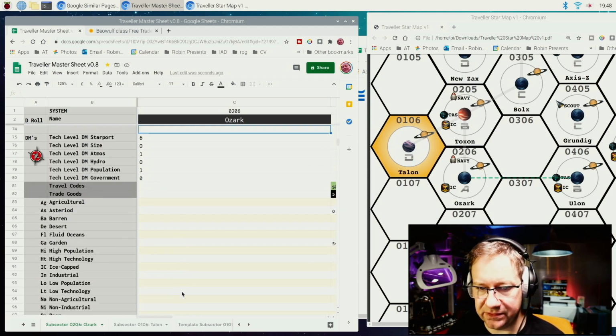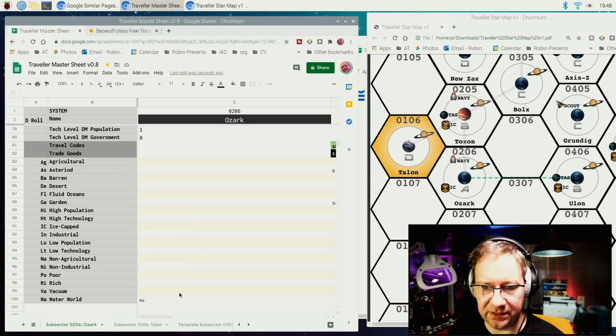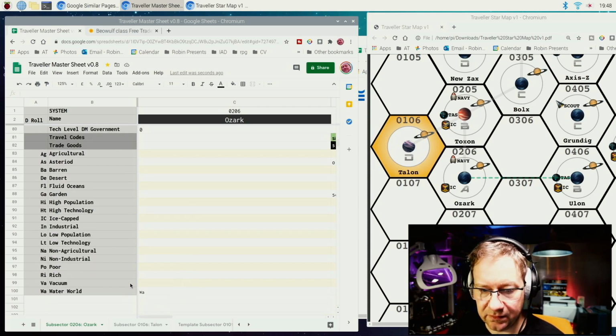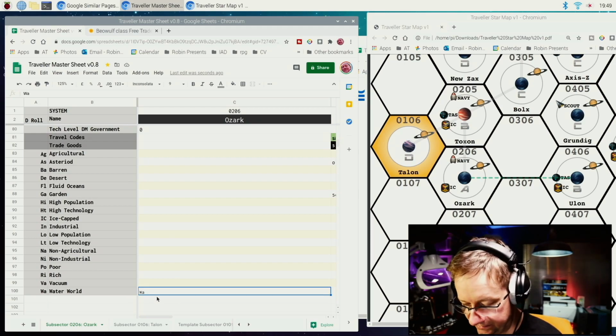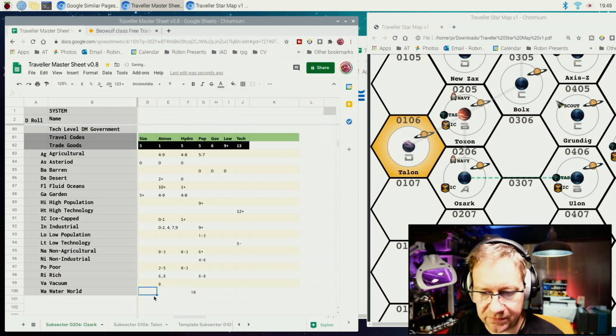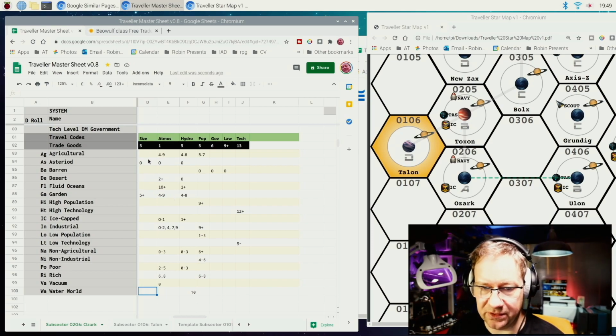Now, down to the trade goods. I've put WA for Waterworld, but that's just accidentally left in there from the last one. So initially size 5+, yeah. Atmosphere 1, no. So sorry, I've gone straight down to garden because I saw the 5+ there. So agricultural, let's say, doesn't have it because the atmosphere is wrong.